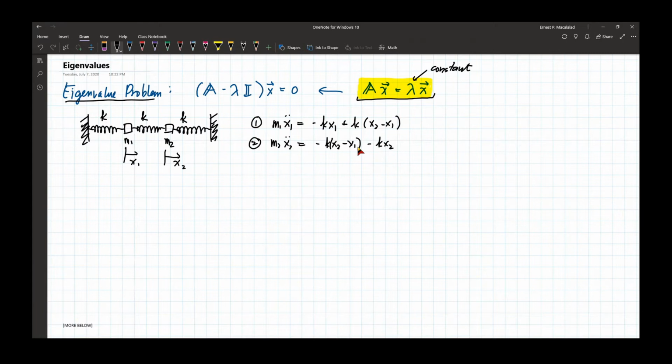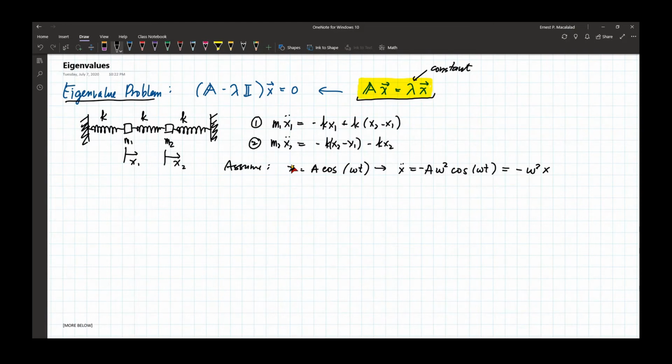So if we assume a solution of this form, say x equals a cosine omega t, that means x double dot would be equal to negative a omega squared cosine omega t, or simply negative omega squared x.